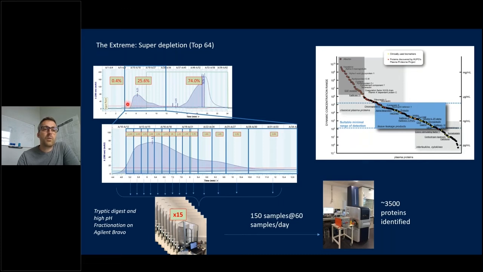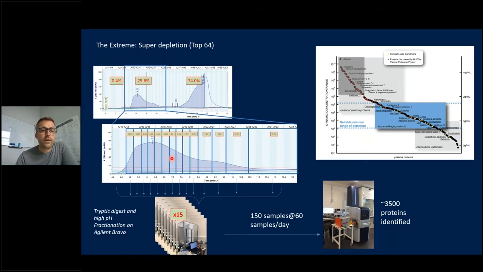So what we are after are these proteins that are not binding to the column. There's not really much chromatographic separation going on here because it's in the void volume, but we can still fractionate these, and we will have different proteins in these different fractions.